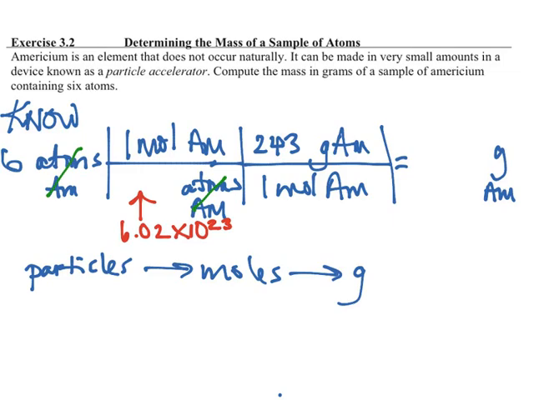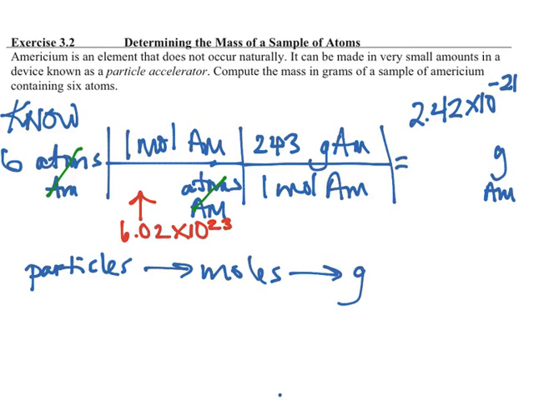And so now, again, I'm going to multiply across the top and divide by things on the bottom in order to get my grams. And so if I do that, I end up with an answer that is 2.42 times 10 to the negative 21, and that's grams of Am.